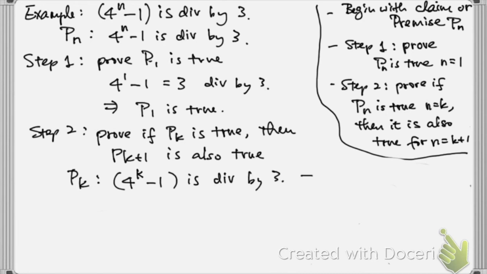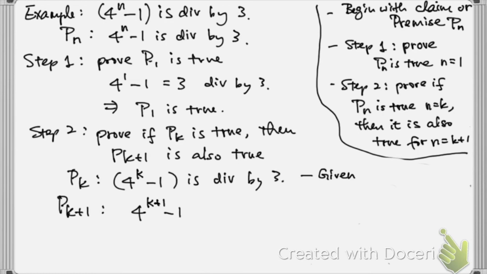Okay, so that is a given. We're given that this is true. Now what about p sub k plus 1? Well, that means I have the quantity 4 to the power of k plus 1 minus 1. And let's see if this is divisible by 3.